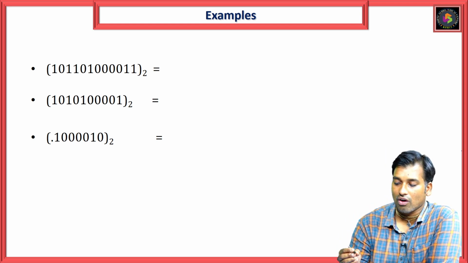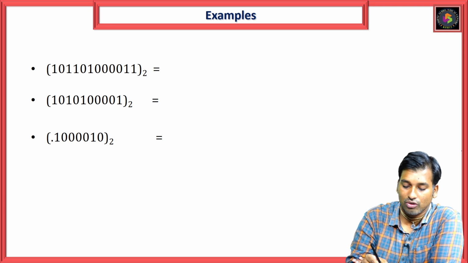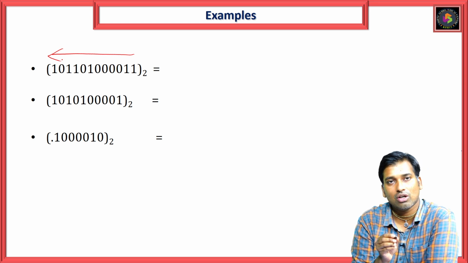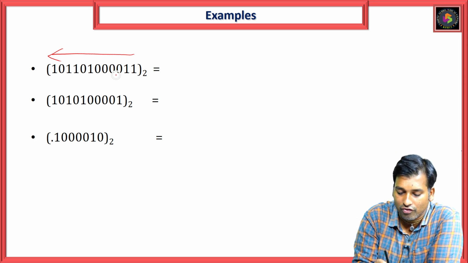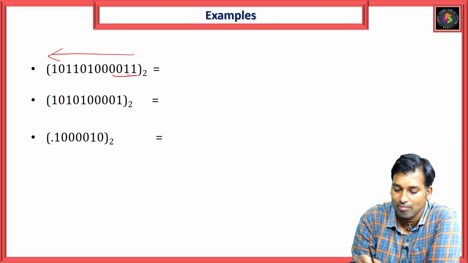So in the case of octal, we have selected 3 bits. In the case of integer part, we have to go from least significant bit to the higher significant bit. We have selected in the octal 3 bits. Now we have to select 4 bits. Select these 4 bits from the least significant bit. This is nothing but 3.